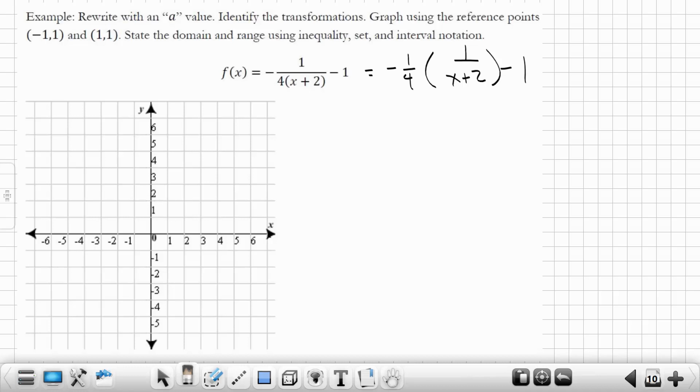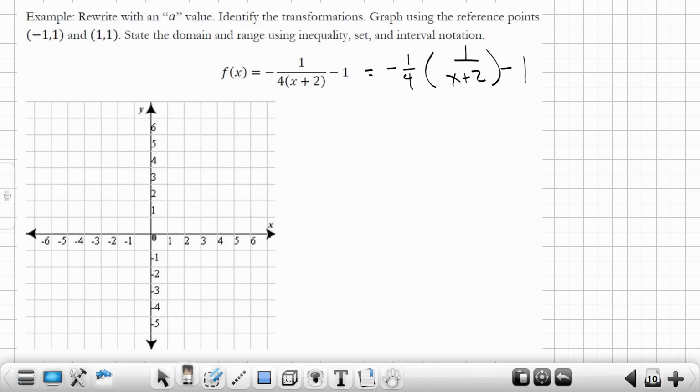Gabriel? Leticia? Yeah, the numerator by the numerator, the denominator by the denominator. When you multiply fractions, you just go straight across. So, of course, what's 1 times 1? What's 4 times all that? Okay? So, of course, I could just pull that 1/4 right out front. So now I know my A value.